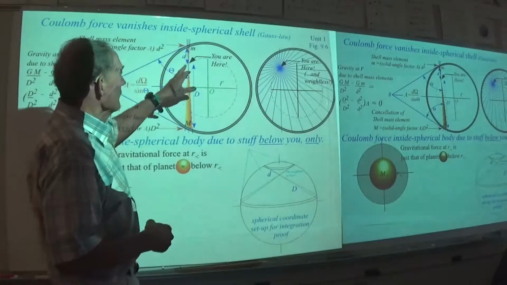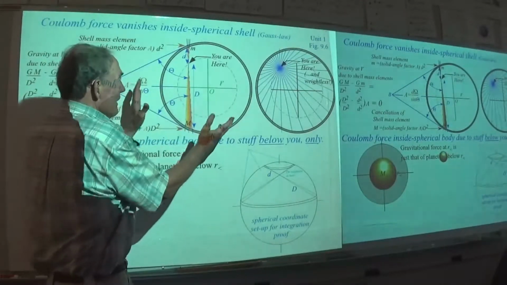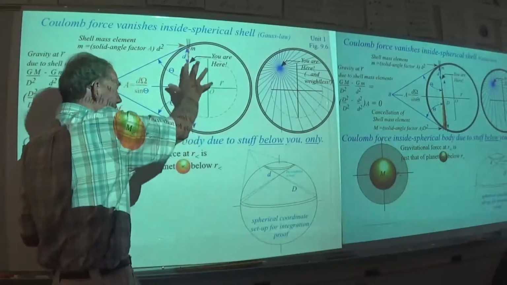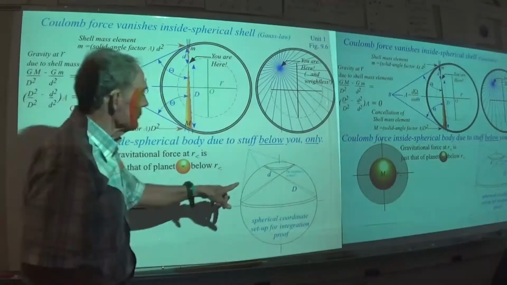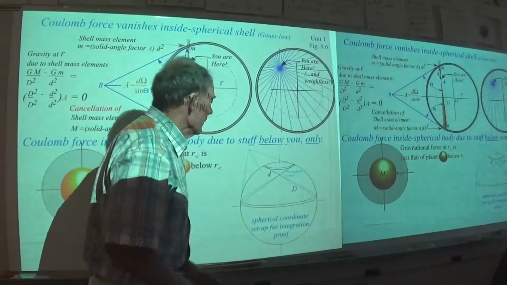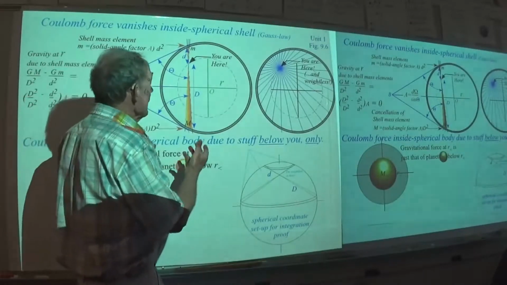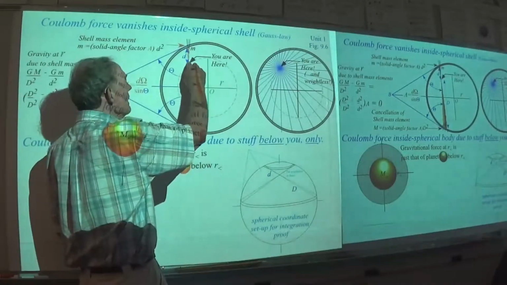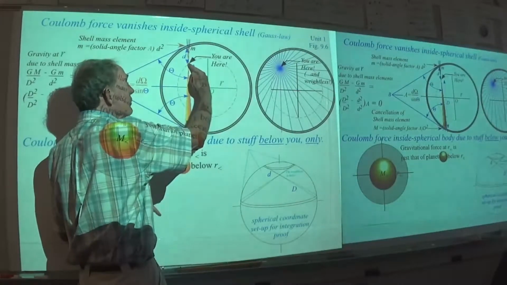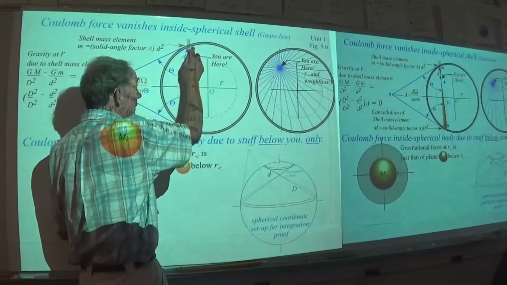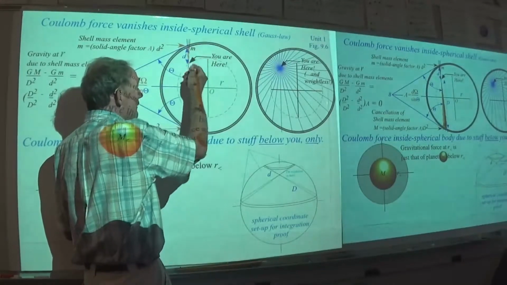Now, what that means then is, no matter what shell I use, it's always going to be weightless inside. This is the basic idea. This is a sort of spherical thing here. And the geometry of this is that, well, how can it balance? I have only a tiny little bit of mass here, but it's closer by some proportion. And the area is this thing squared, and that's the force law for gravity.